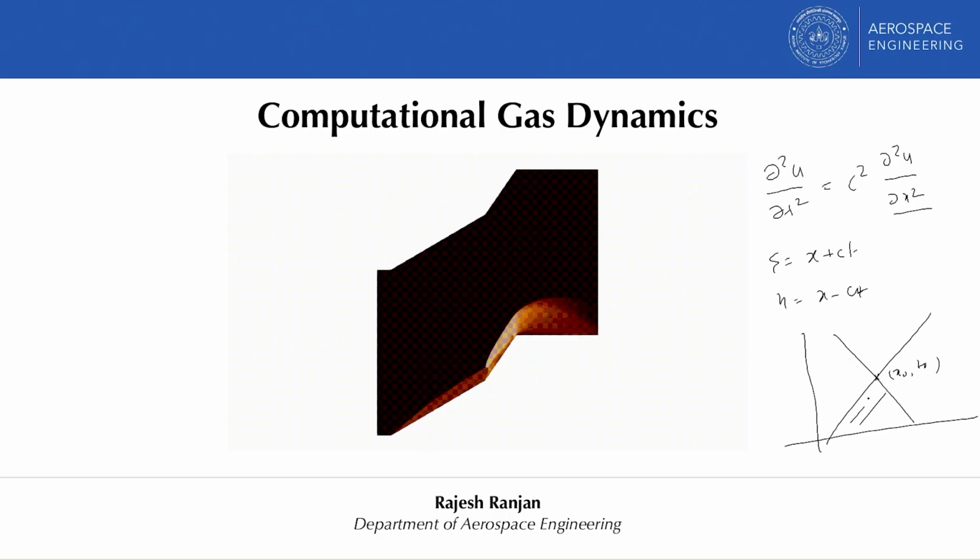This is your domain of dependence and this is your region of influence. The solution will be bounded like this, and we also saw that your solution u would depend on f(x plus ct) plus g(x minus ct).